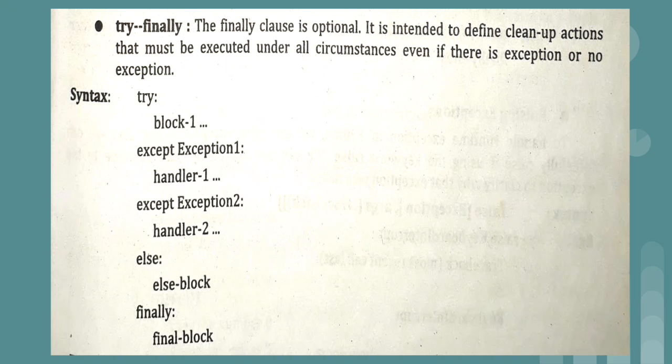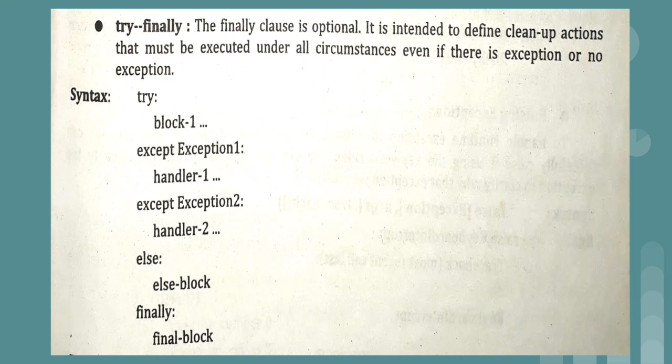So whenever you want some statement to be executed anyhow, you should put that statement inside the finally block. So the finally block is used for that purpose only. Even though there is an exception or not, that doesn't matter. Whatever you have written inside the finally block is going to get executed 100%.